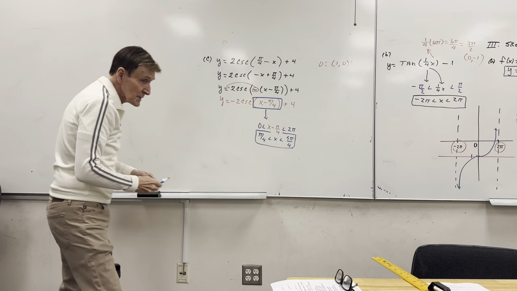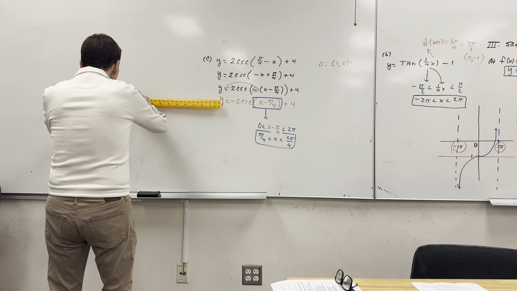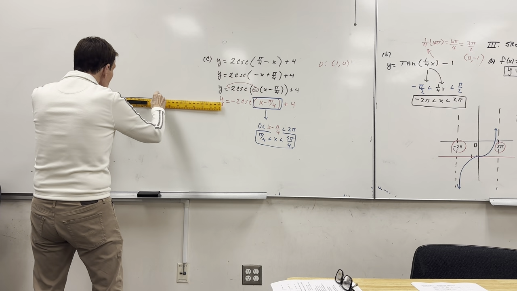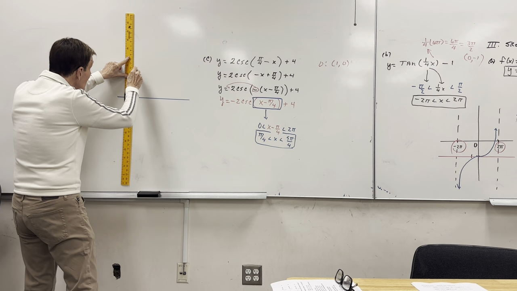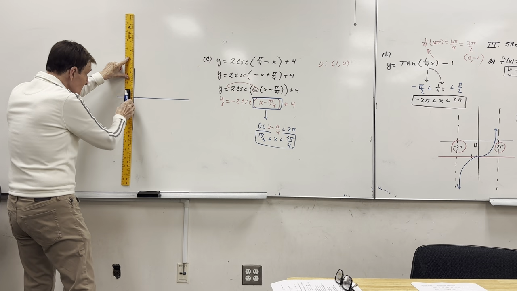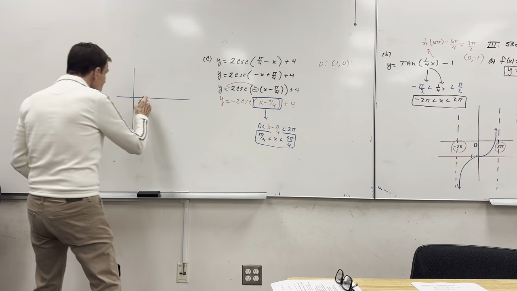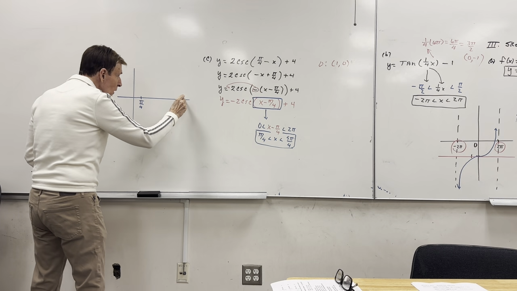On the side here, guys, let's start at pi over 4 and go out to 9 pi over 4. And get this finished. Okay, pi over 4, 9 pi over 4, stretch it out.